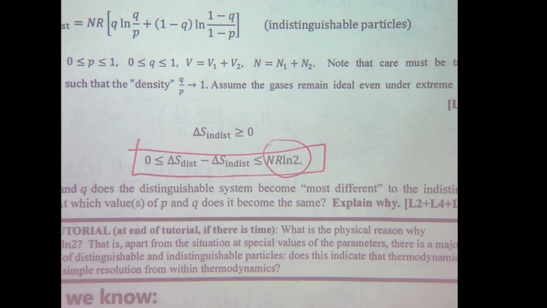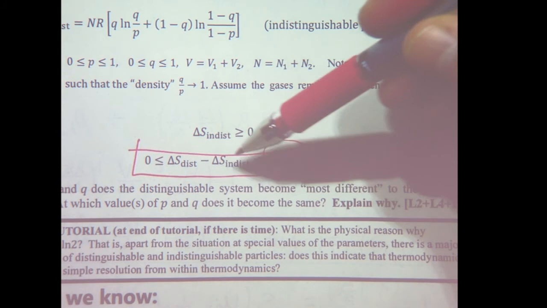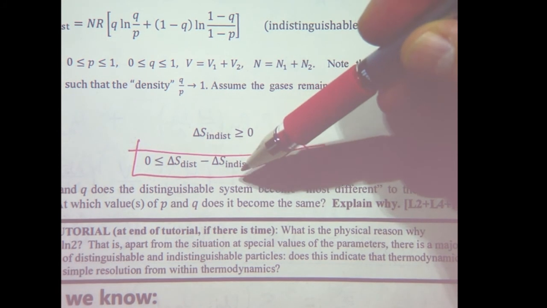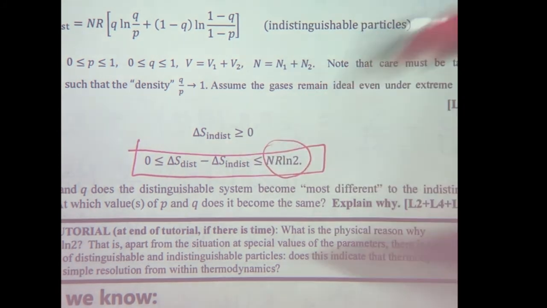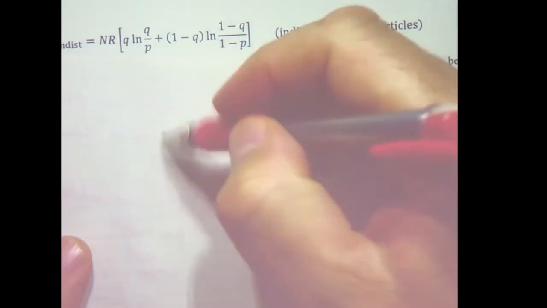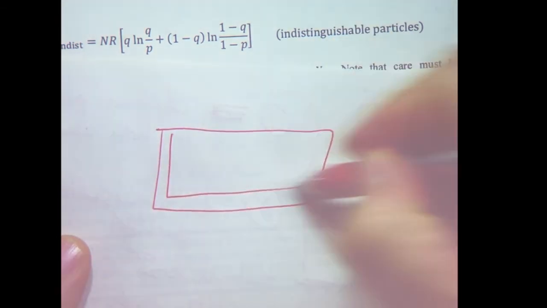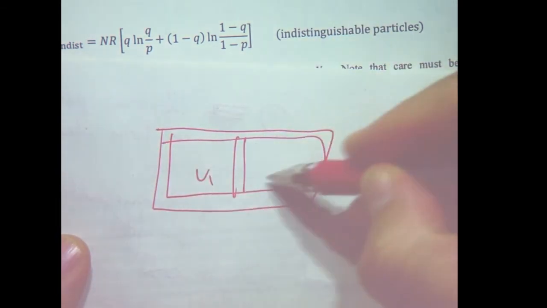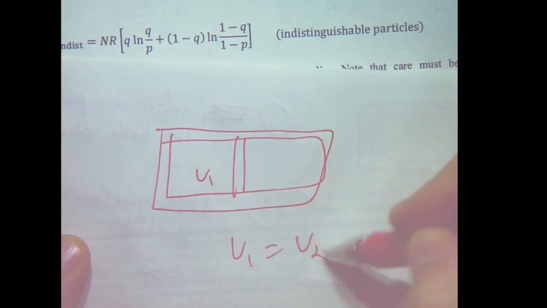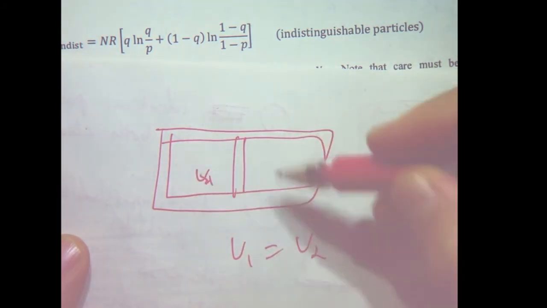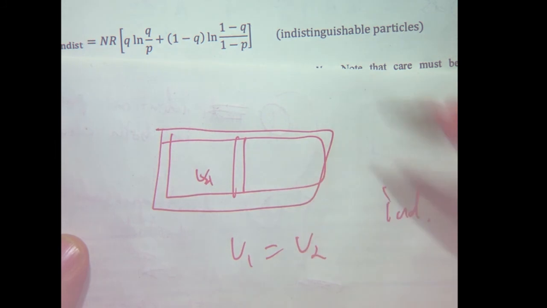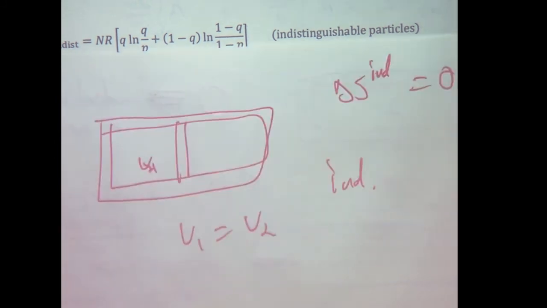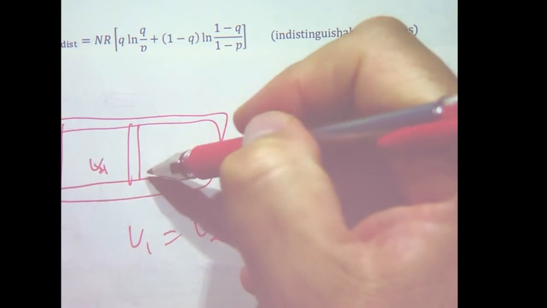In fact, what you'll find is that in the indistinguishable case, if the initial volume is split exactly in half, so V1 equals V2, there is no change in entropy. Delta S indistinguishable equals 0.